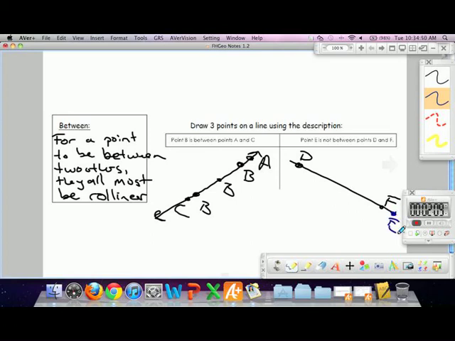That would be another spot such that it's not between. Yeah, the other side of D, like up here. Over here, it's clearly not between, and it's definitely not between if it's not collinear. That is the major point from this definition.